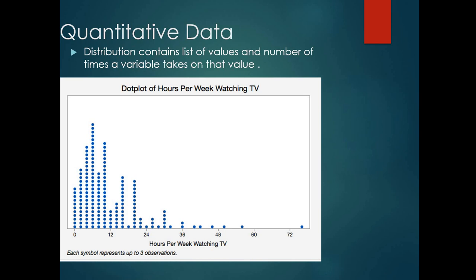The first is a dot plot. So here we have hours per week watching TV, and each of the dots represents a sample. You can kind of see it's mostly clustered around 0 to 24. But there are these values out on the edge on the right-hand side of the graph.